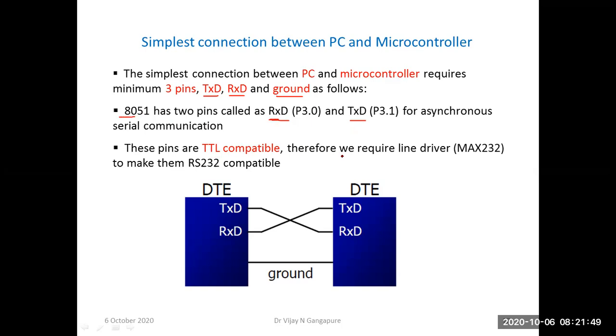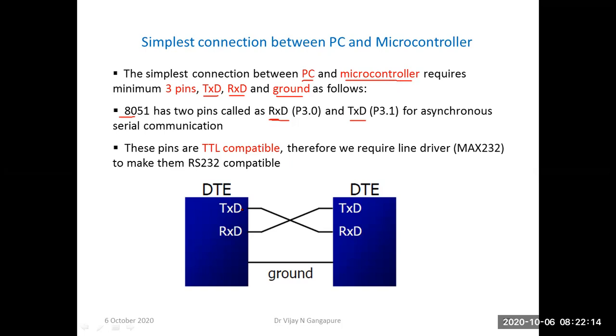Therefore, we require a MAX232 line driver to make them RS232 compatible, because we are going to interface the PC's RS232 port with the microcontroller's serial port. In between, we require the MAX232 to convert RS232 logic levels to TTL and TTL logic levels to RS232.